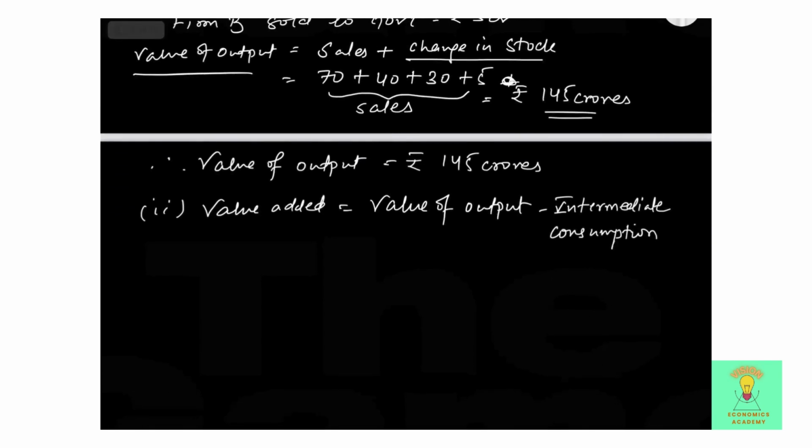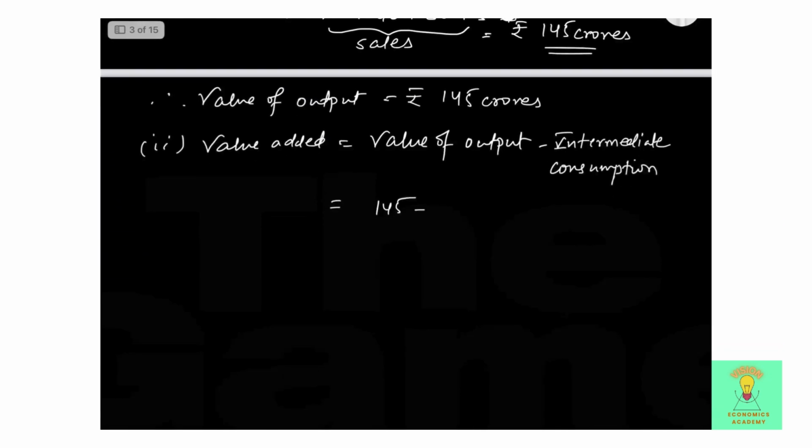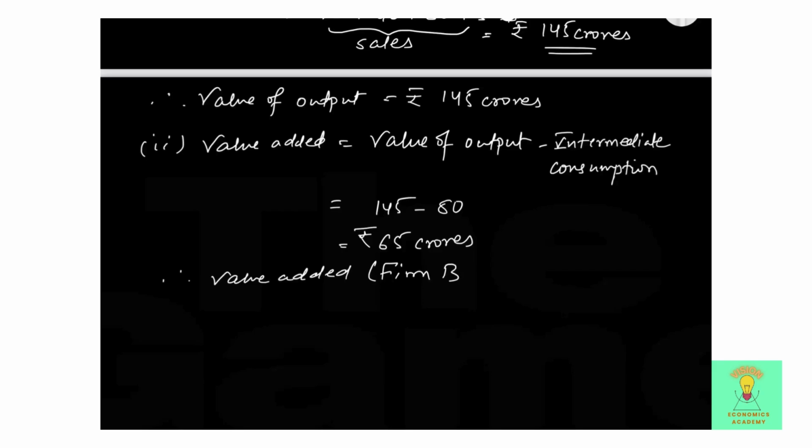Now, we already know value of output is 145 minus what B has purchased from firm A is worth rupees 80 crores. Now we'll subtract 80 crores. Then we will get 65 crores as answer. So therefore, value added by firm B is rupees 65 crores. So this is as simple as possible.